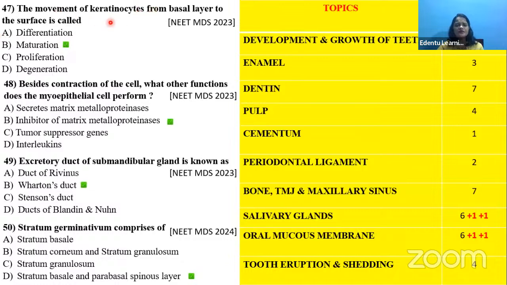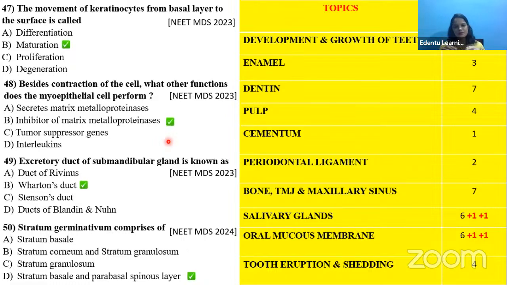Now, the movement of keratinocytes from the basal layer to the surface is called? It is maturation. We are putting it under the oral mucous membrane topic. In the keratinized epithelium, the basal cells start proliferating, and this basal cell population is of two types.